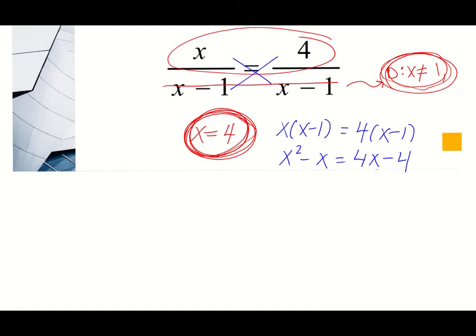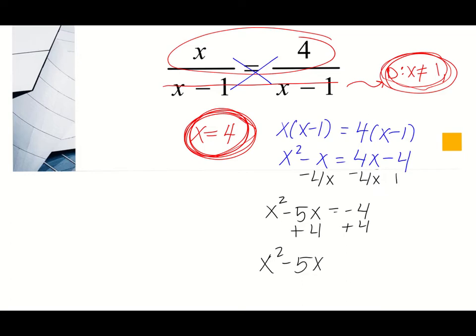And to do that, I would have to subtract 4x, and that can go with the x term. And that's going to give me x squared minus 5x equals negative 4. Well, then we can add over 4 and get x squared minus 5x plus 4 equals 0.